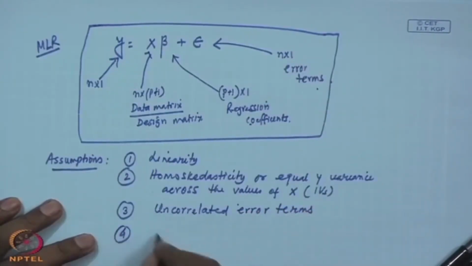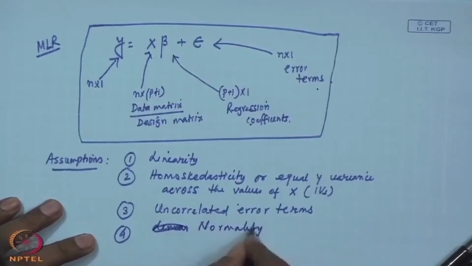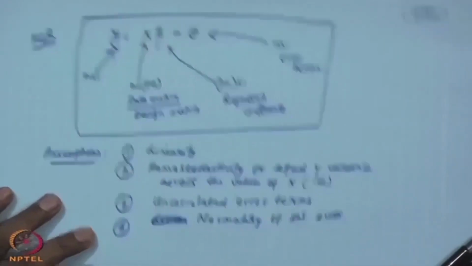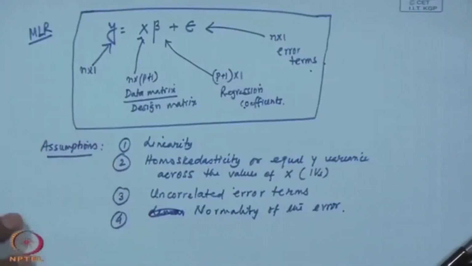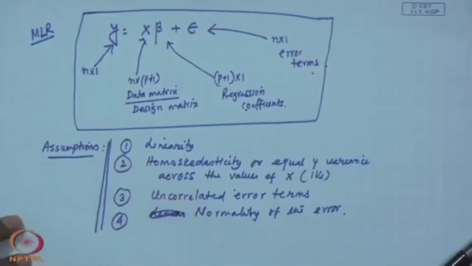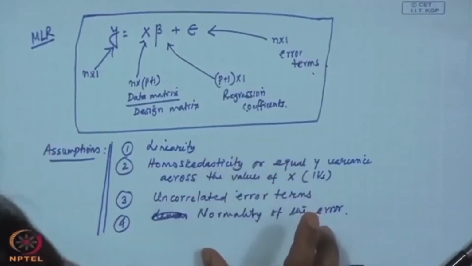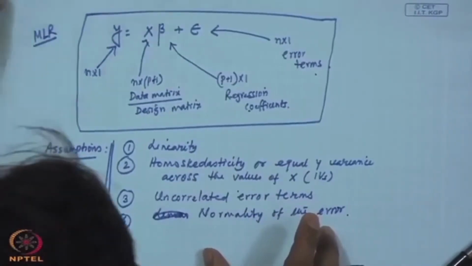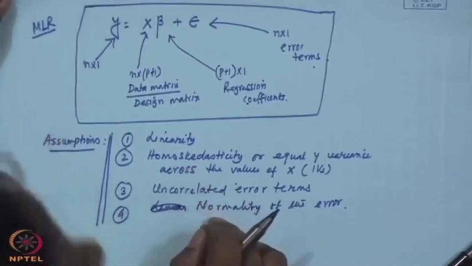And definitely, normality of the error terms. So these four assumptions need to be tested. Later on, after fitting the model, we will test this, but at this moment, I should say something about what these are.